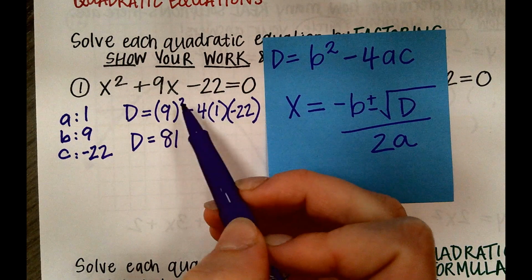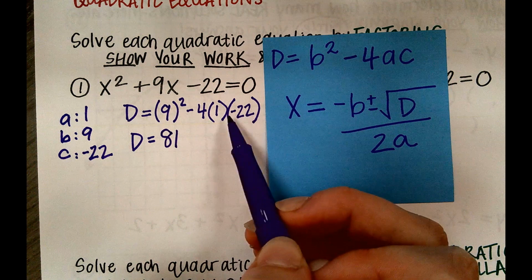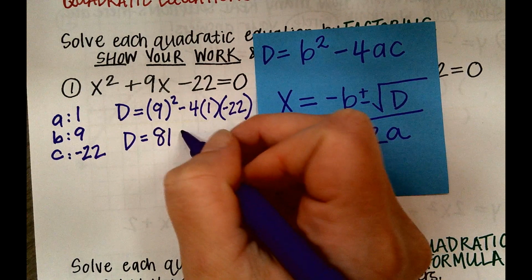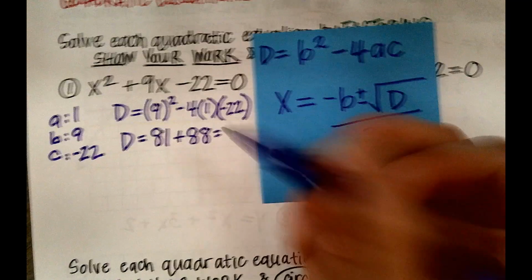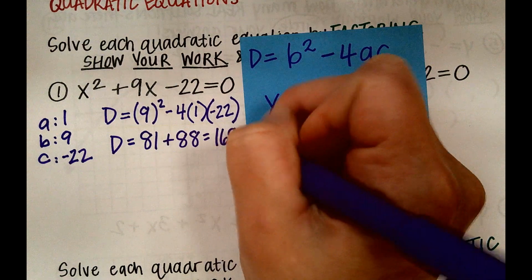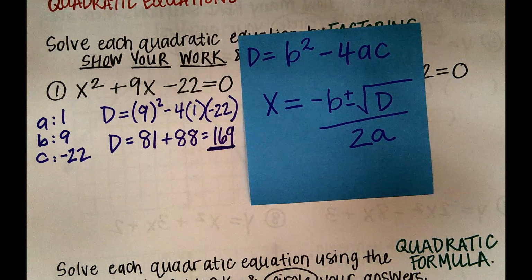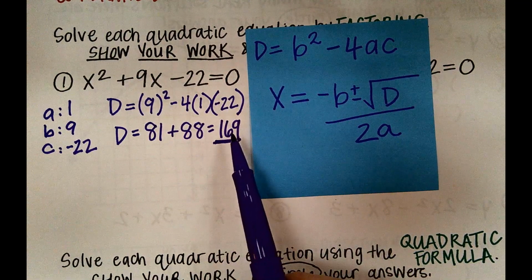So negative 4 times 1 is negative 4, times negative 22 is 88. And it's positive, so we add. It's 169. Good. So 81 plus 88, 169. Okay. So we have the discriminant.